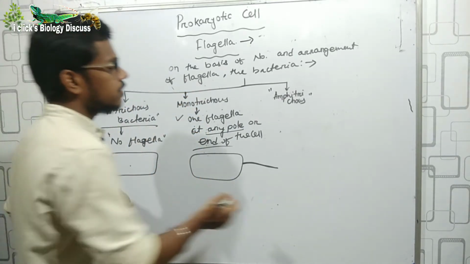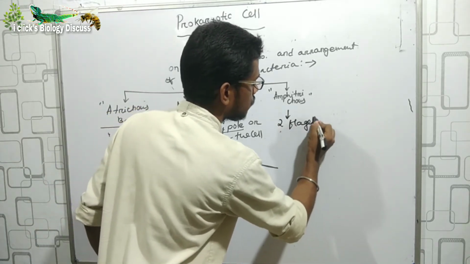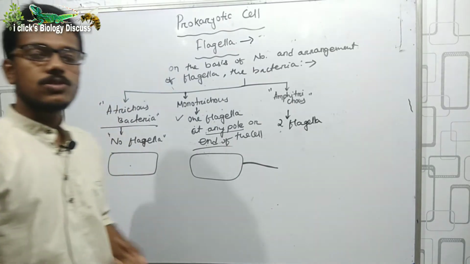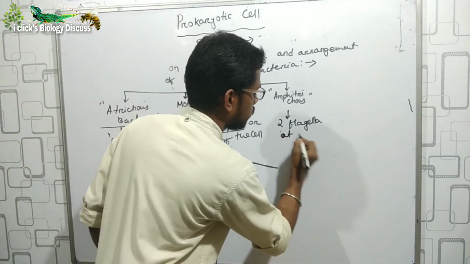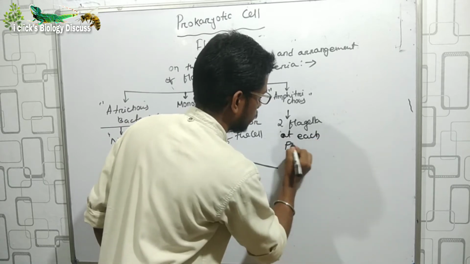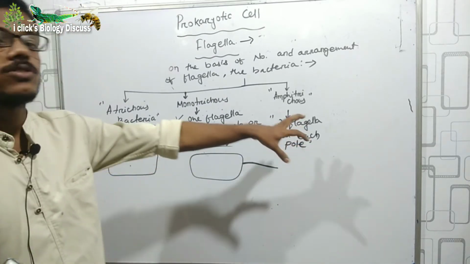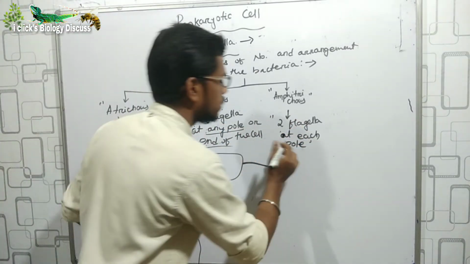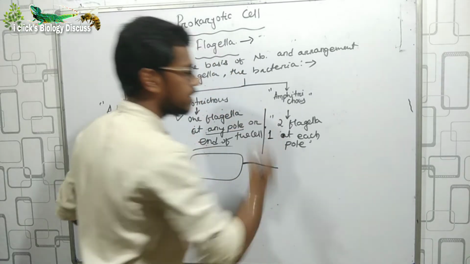That means there will be the presence of two flagella, one at each pole.